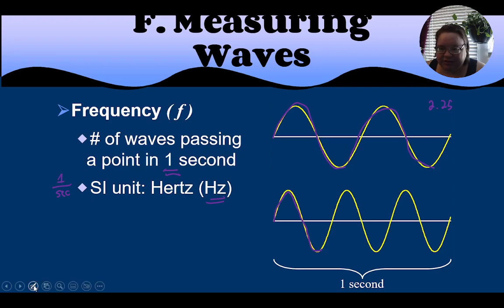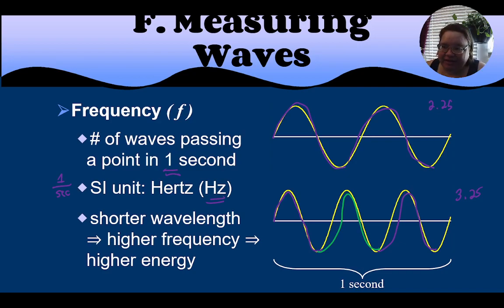So it's easier to determine that it's going to have a higher frequency, but include all of the crests and all of the troughs. We can see that we have 3.25. So 3.25 hertz would be the frequency of that second wave. It's at a higher frequency because more waves pass a given point in 1 second.